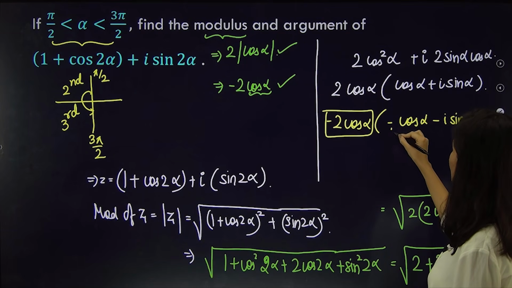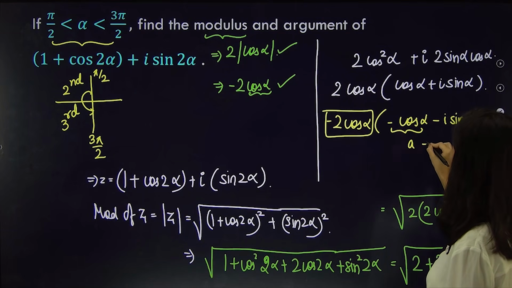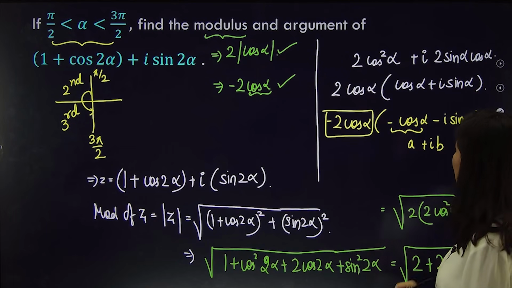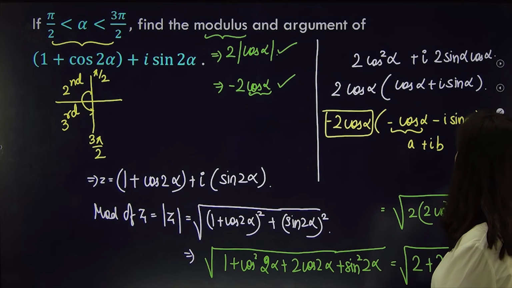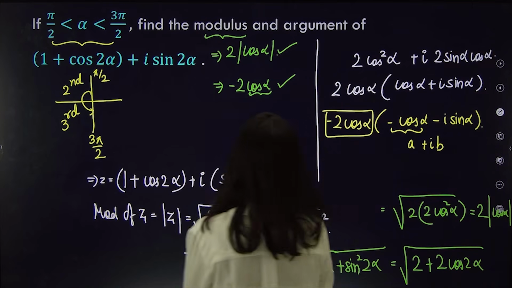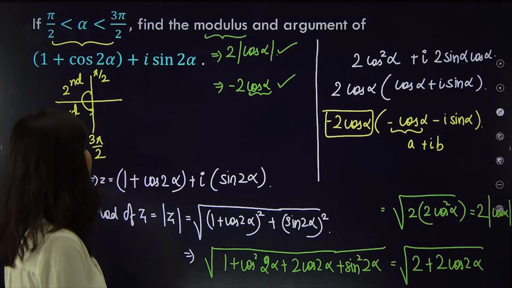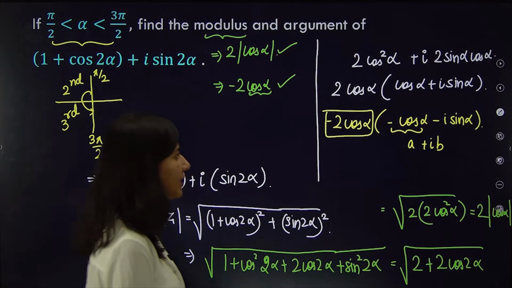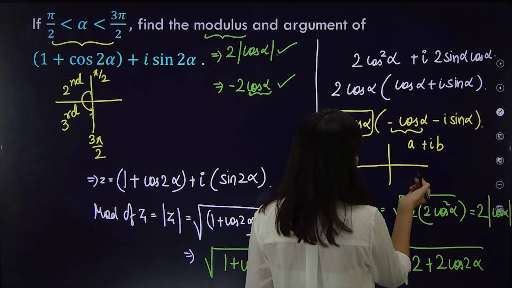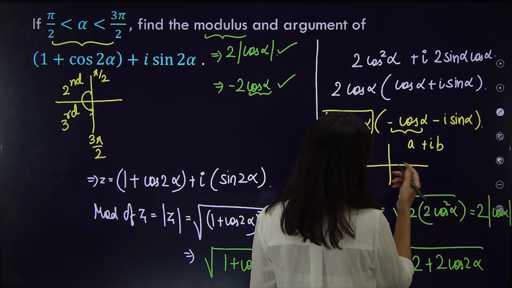Now this is your a plus iota b format. Just tell me, A is positive. Yes, A is positive. What about B? B is minus sin alpha. So now minus sin alpha depends. It can be positive, it can be negative, right?